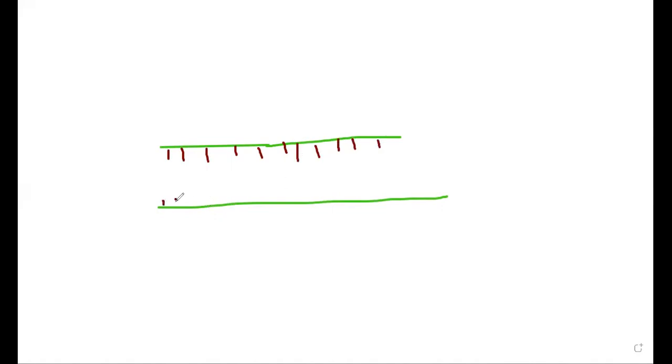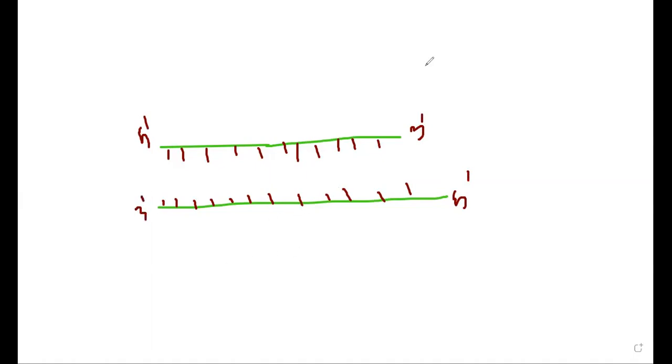Opposite to them there are also complementary bases. You already know very well about those things. Here it starts from the 5 end, and this one starts from the 3 end.